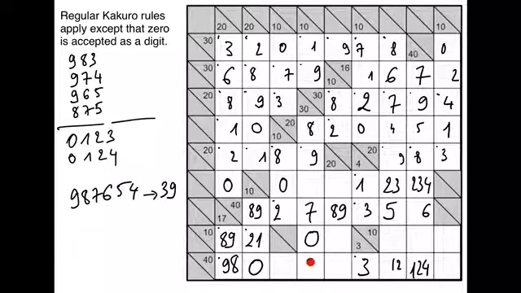Could it be 5 plus 1? I guess it could. 2 plus 4. Something tells me that no, 2 plus 4 wouldn't work, because this would be at least 6. Oh, yes, it could work.